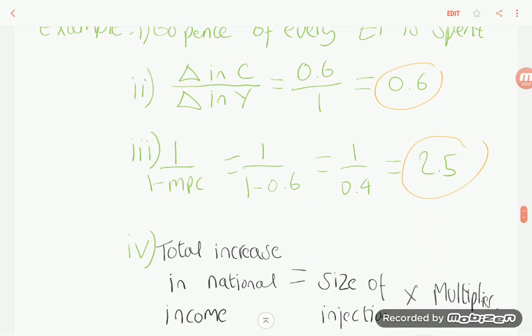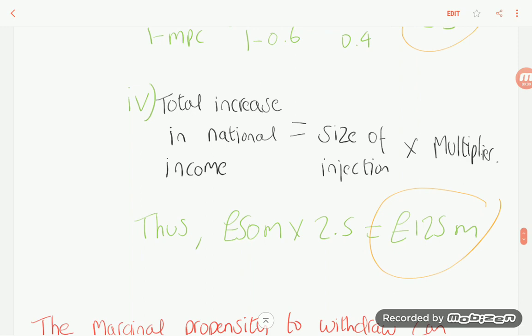So in a nutshell, what happens is that the total increase in national income will be 125 million. So that's if we inject £50 million into the economy and times it by the multiplier of 2.5.